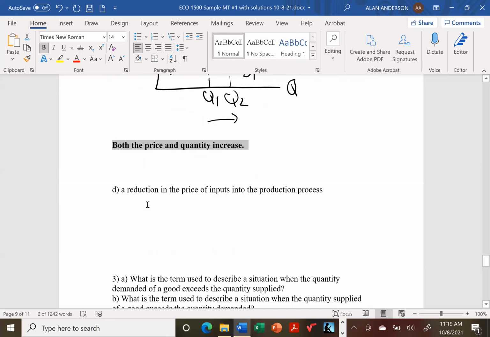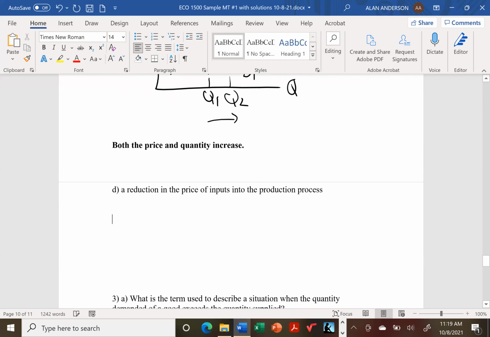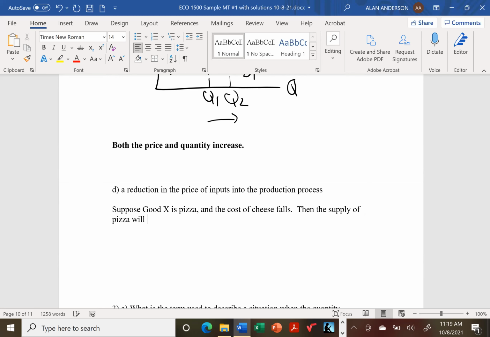All right, now a reduction in the price of input. So imagine here that suppose good X is pizza and the cost of cheese falls. Then the supply of pizza will increase. And in parentheses, I'll note because pizza is now cheaper to make.